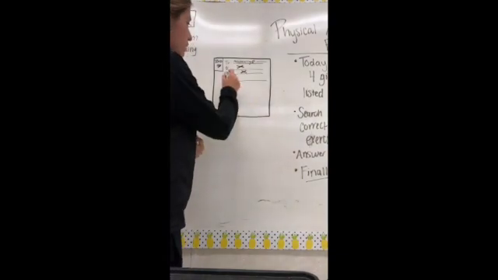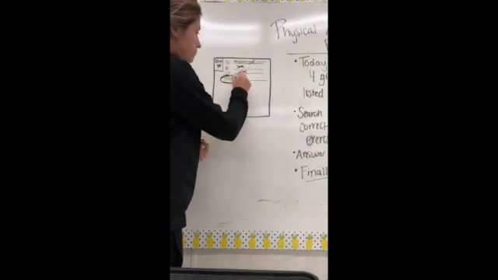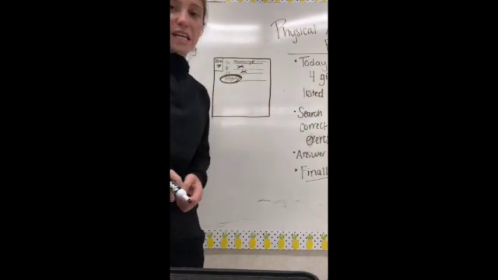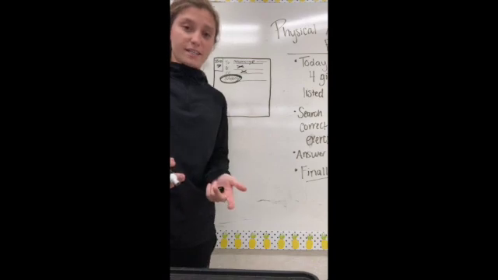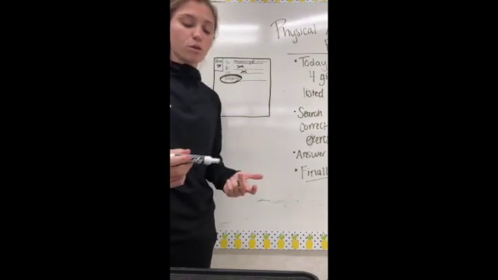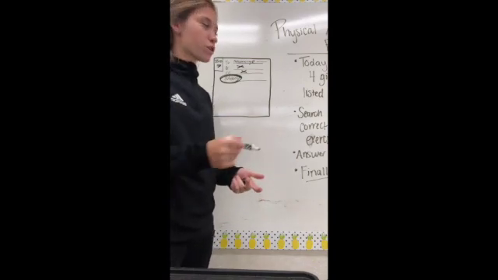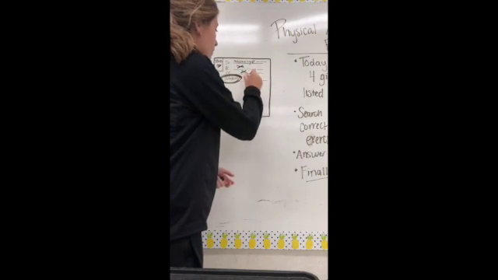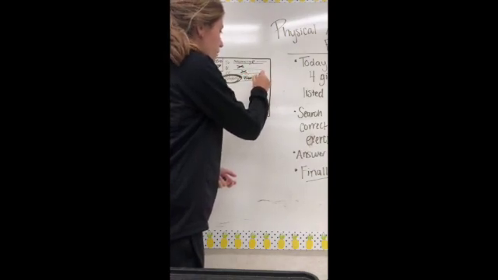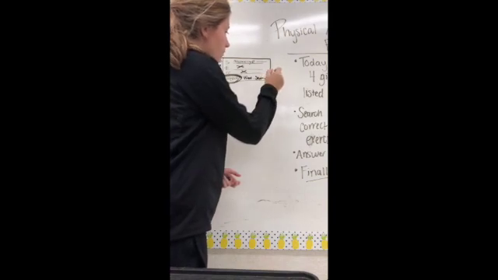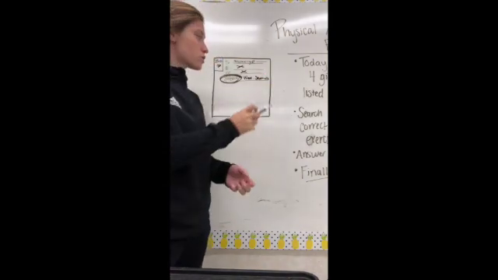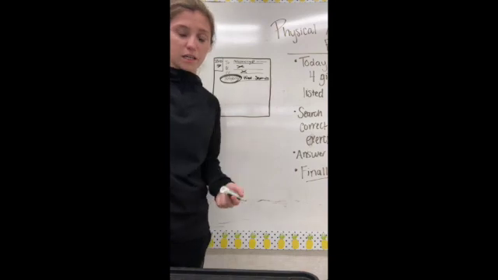So in the subject box, okay, you can either leave it blank or you can put a subject in there, okay? So for example, I'm going to put today's subject in there, which is Wednesday, September 23rd, okay? So I wrote Wednesday, September 23rd in my subject box.